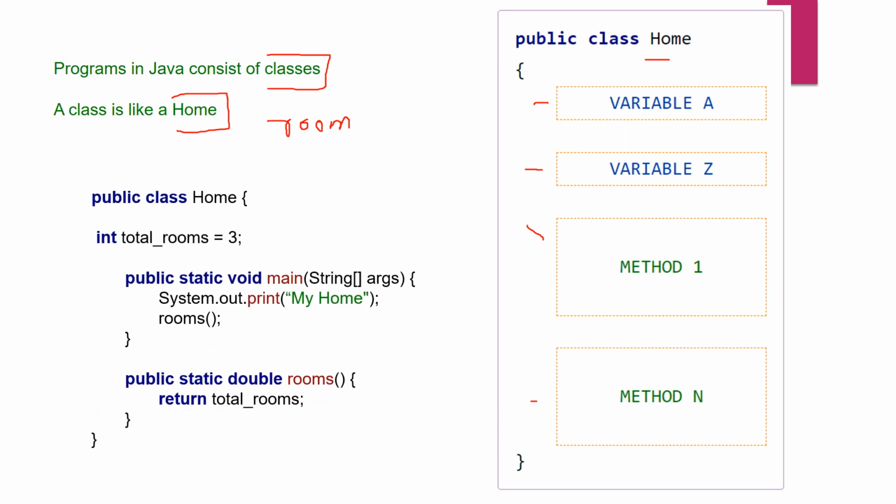Here is an example. Don't be confused by this example, it's just for your understanding. We have a Home class, and methods inside it, the main method and rooms. In your case, you don't have to make other methods. You just have to do everything inside the main method for your example.